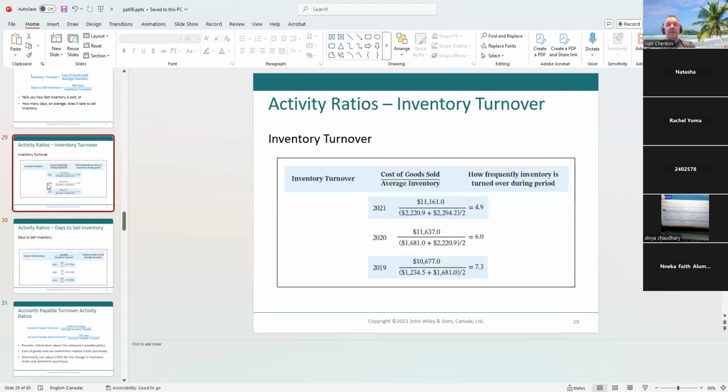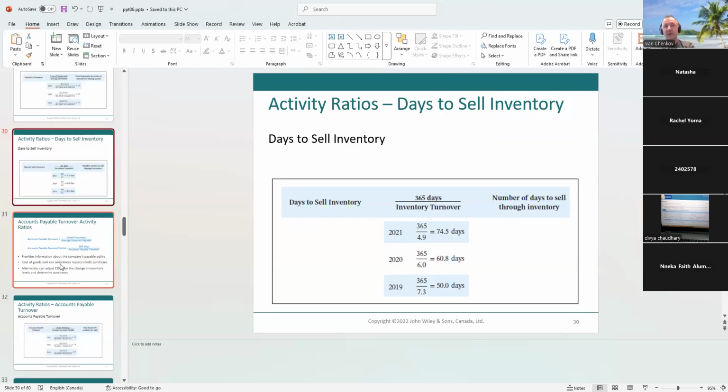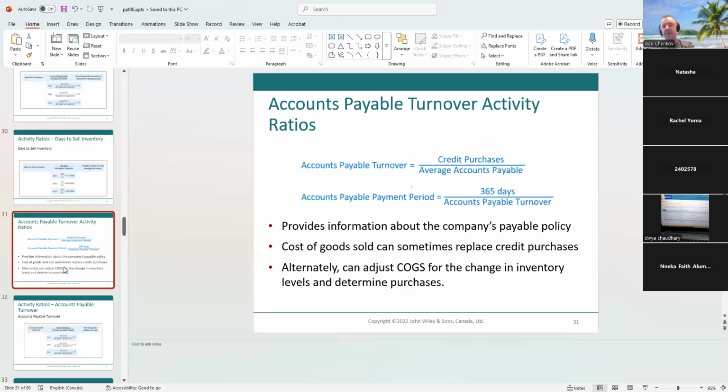Again, what we need is the cost of goods sold, and we need the average inventory: beginning plus ending divided by 2. Once you get the number, 365 becomes your numerator, inventory turnover the denominator, and you get the number of days to sell your inventory. Accounts payable, same idea but different information.